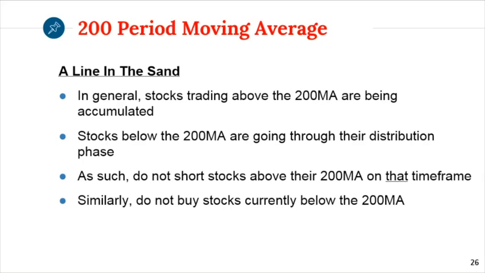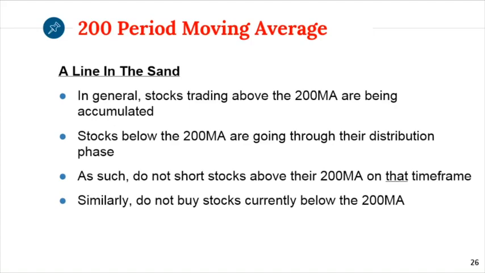As such, in general, do not look to short stocks above their moving averages on that time frame. So if you're looking at a 5-minute sell setup or a breakdown and the stock is above the 200 MA on the 5-minute chart, you probably don't want to do it. That doesn't mean that if it's a swing trade based on the daily chart, you can't do it.